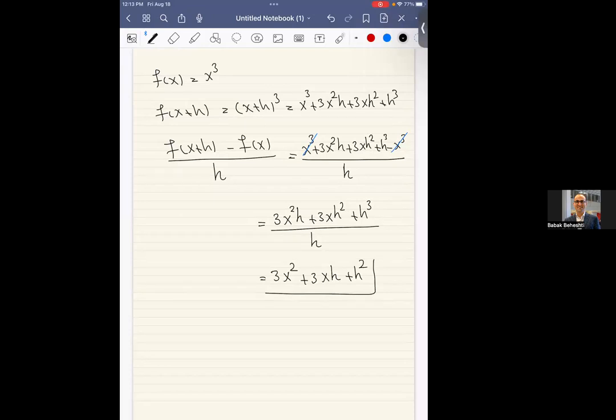Okay. Anyway, we don't want to compute derivatives now. That's enough for us. Let me give you a bonus. Bonus question. Can you find a formula for f of x equal to x to the power n?